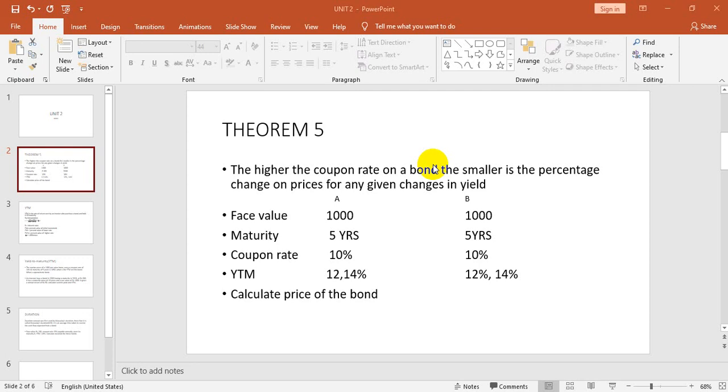The higher the coupon rate on a bond, the smaller is the percentage change in prices for any given change in the yield.